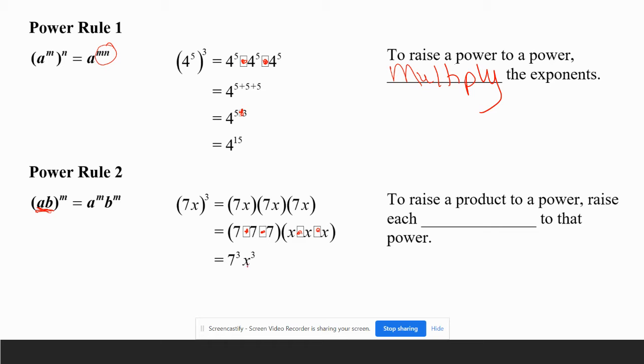That's 7 to the third and x to the third, which basically we kind of, for lack of a better phrasing, distributed that 3 exponent to both terms. Over here, we raise each factor or term to that power.